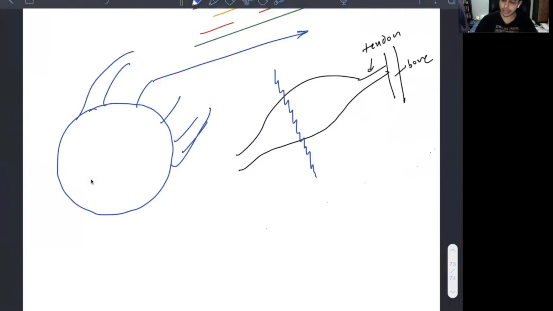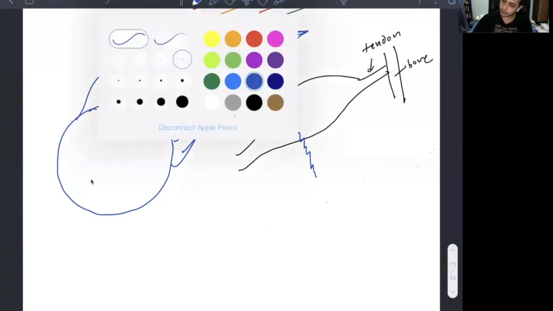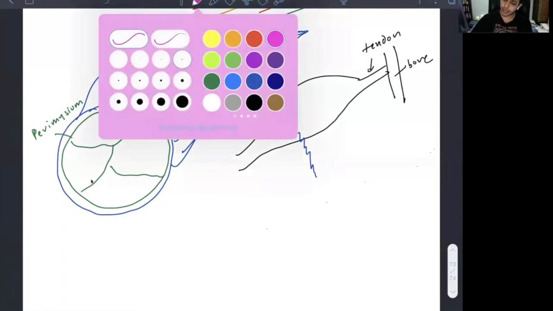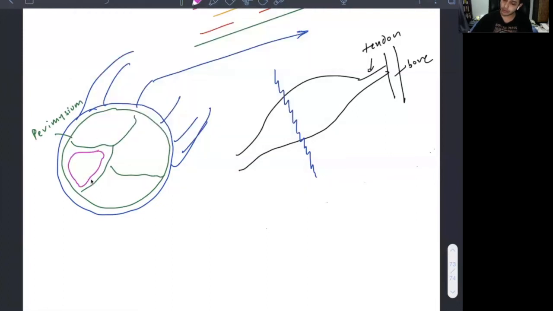Now, if you look inside the muscle, you can find that there is an outer covering called perimysium. And the perimysium goes inwards. And inside you have smaller coverings called endomysium.